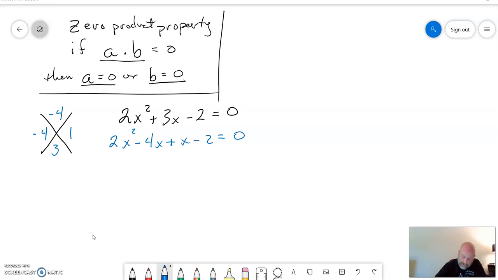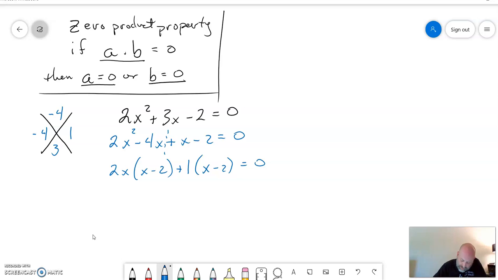And now that we have four terms, we can split this up. The common factor in my front term would be 2x, and that leaves me with an x minus 2. And in the back end, the only common factor for x minus 2 is 1, so we'll put a plus 1 here, and that leaves me with an x minus 2.